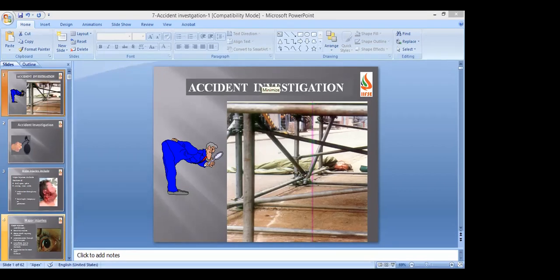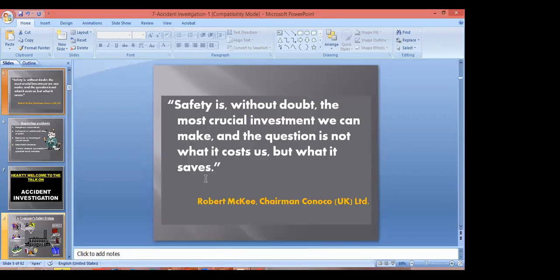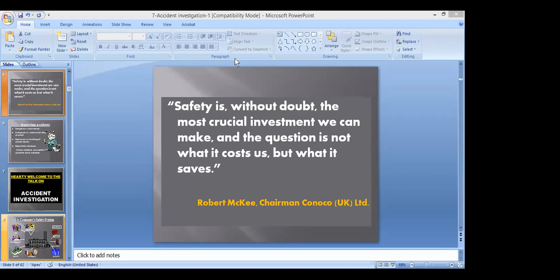Sinraj, it is in slide view only. It is in slide view only. No, I think it is in presentation mode. You want me to put it in this mode, Sinraj? Slide not moving.